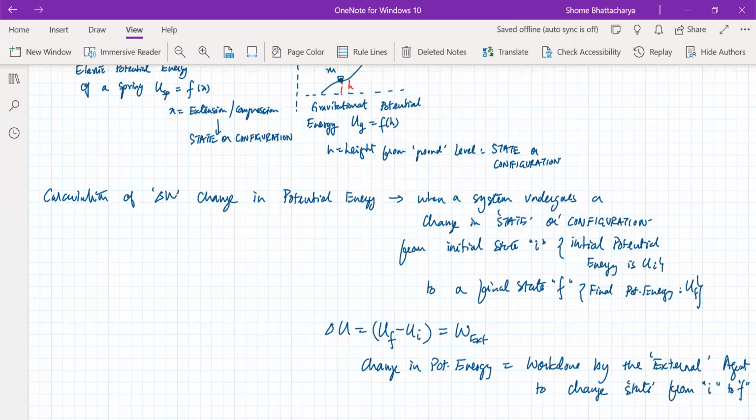That is what we use to calculate the formula for delta U for any given system. Now, how to apply this in the case of the spring or in the case of gravitational potential energy, we'll discuss in a moment.